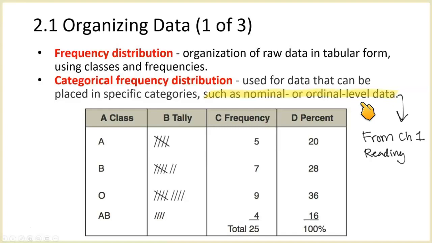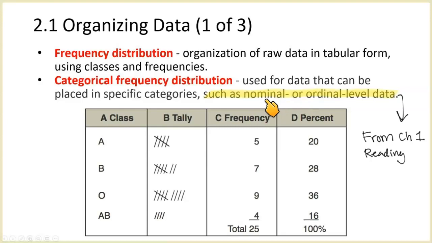So if you think about, let's say you took a quality control survey. Let's say you went to Chick-fil-A or Target and you bought something and they sent you a survey based on your responses. You were either very dissatisfied all the way up to highly satisfied. Those are categories, but they can be ranked.